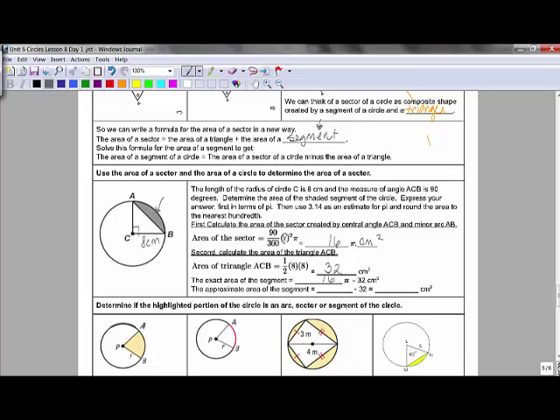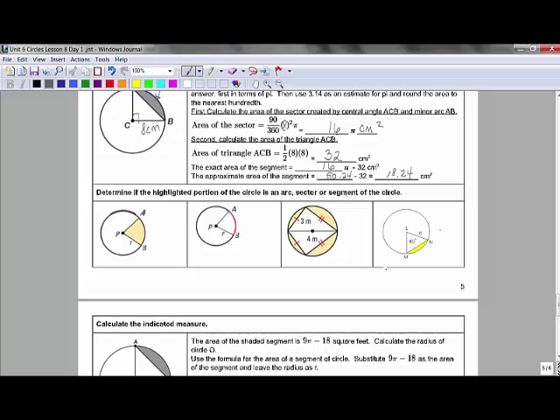We want to approximate the area. We need to take our 16 times 3.14 as our approximation for pi. So I have 50.24 minus 32, which is 18.24 centimeters squared.